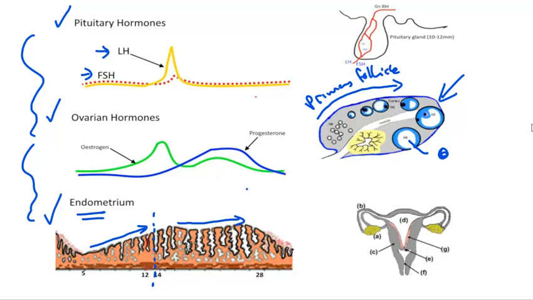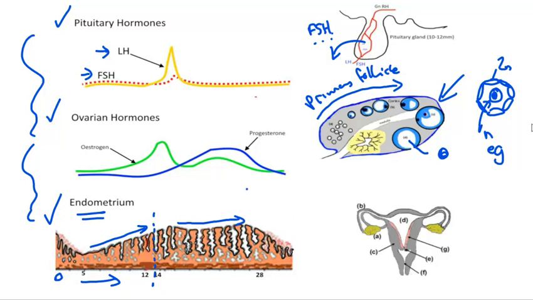So the hormone FSH is produced by the pituitary at the beginning of the cycle from day 0. And this largely remains at relatively low levels. But the effect of the follicle stimulating hormone, as the name suggests, is to stimulate the primary follicle. Now, if I draw a small diagram of this, the follicle is composed of a sphere of diploid cells, and within them there is the haploid oocyte or egg cell.